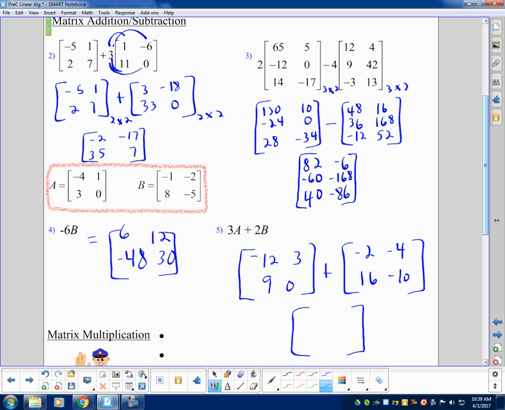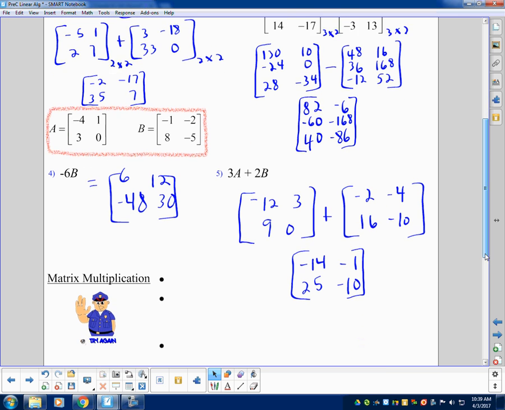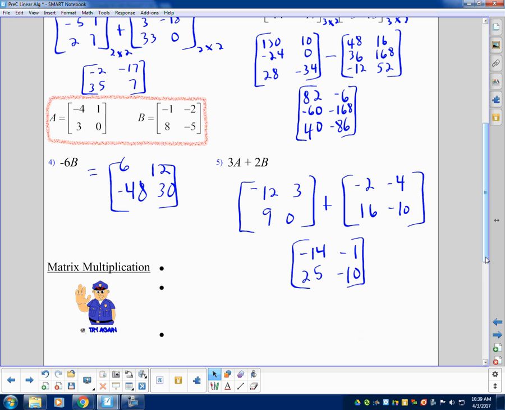So negative 12 plus negative 2 is negative 14. 3 plus negative 4 is negative 1. 9 plus 16 is 25, and 0 plus negative 10 is negative 10. So if matrices can be represented by single letters, it makes doing the matrix algebra much more efficient.